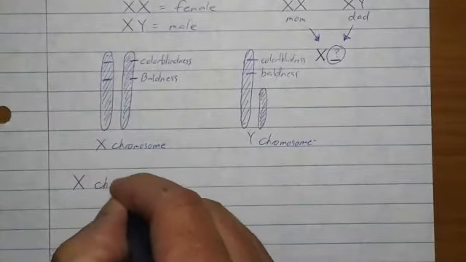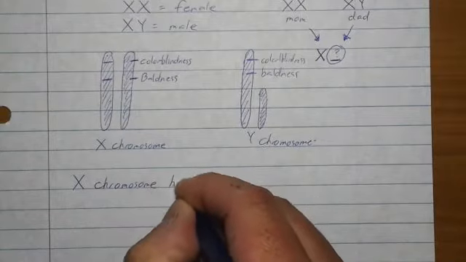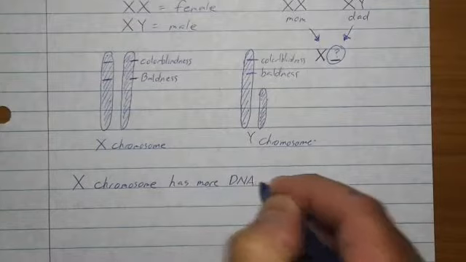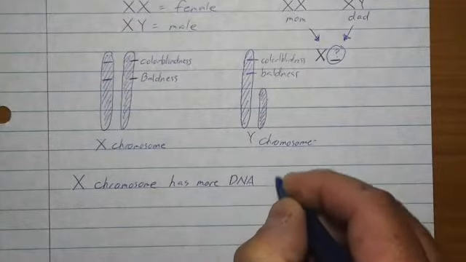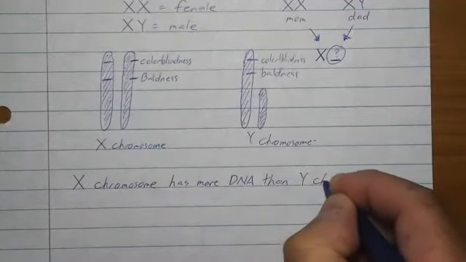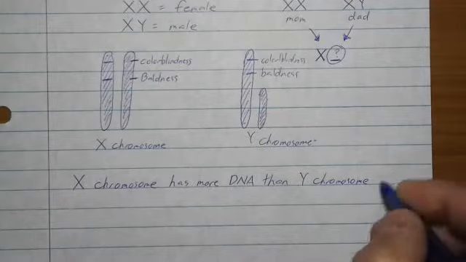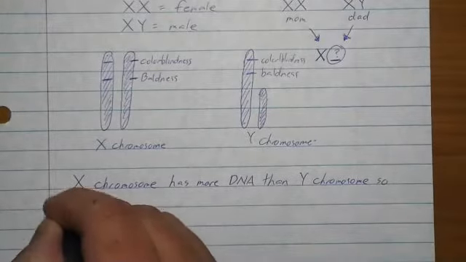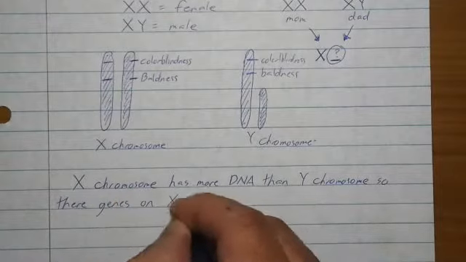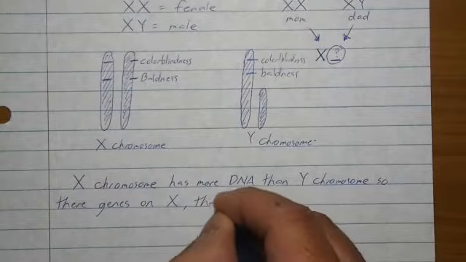The X chromosome has more DNA than the Y chromosome. So there are genes on the X chromosome, I'm just going to say on the X, that are not on the Y.